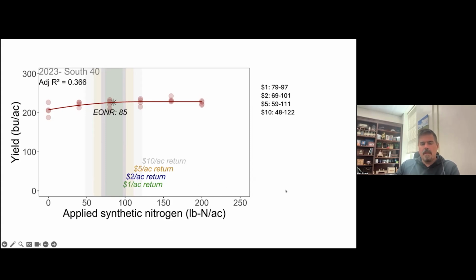That demonstrates why a lot of farmers are more willing to err on the right side of the curve than the left side of the curve. That's a big aspect of this EONR: the distributions on the left and right aren't equal in terms of risk.